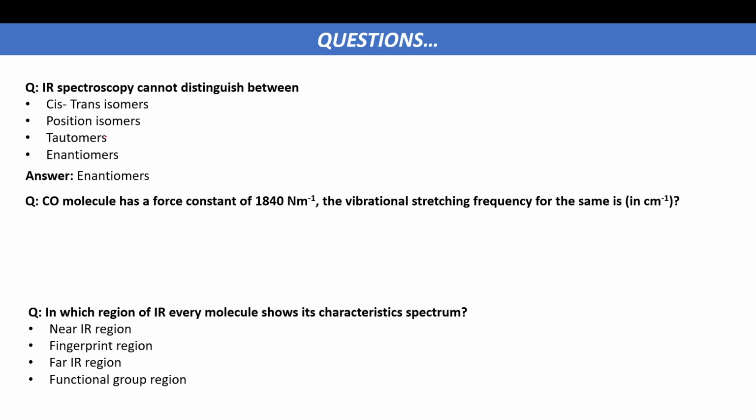Why? See, if you will have tautomers, then what will happen? Keto enol form. This is a keto and another will be enol form. So you know in both the cases the functional group is different. You can distinguish these two, only you can't distinguish your enantiomers.